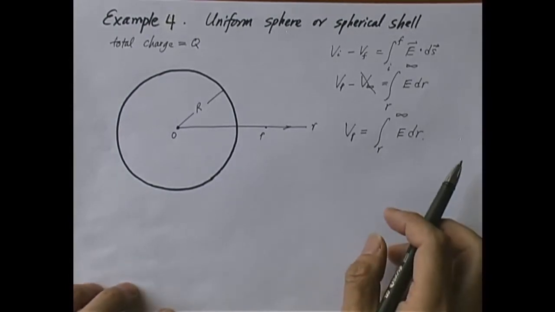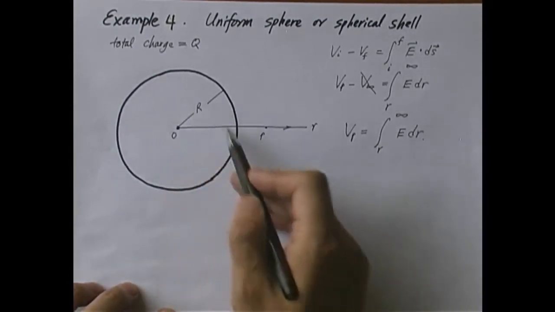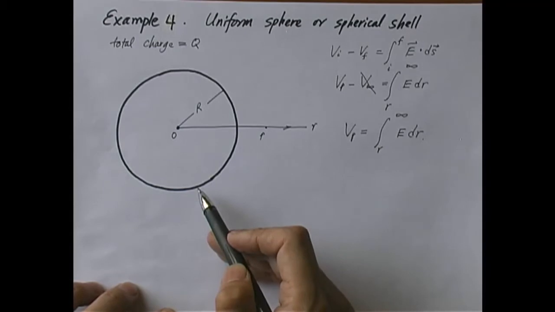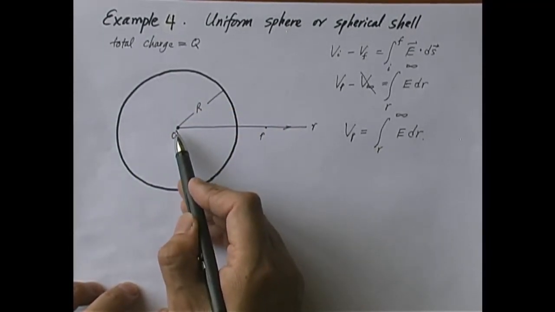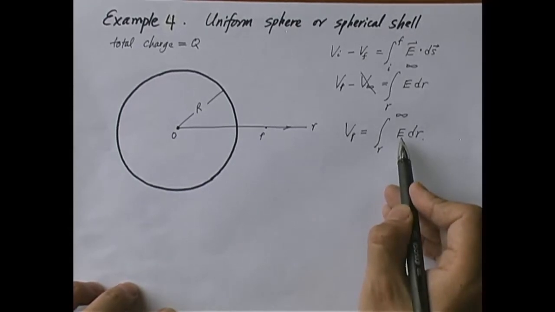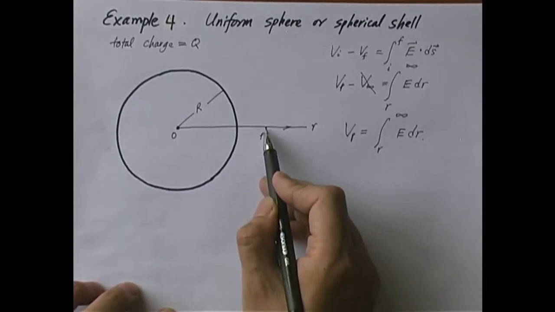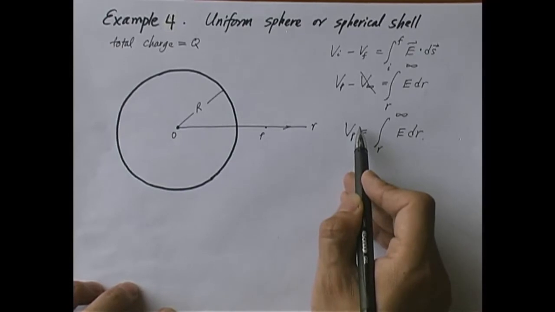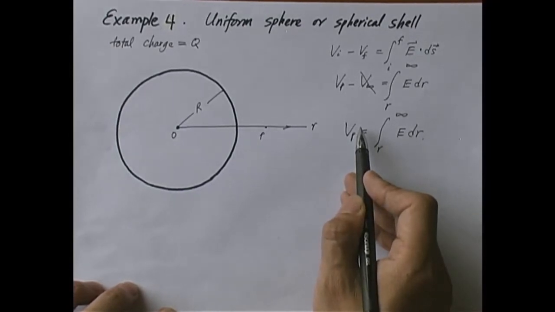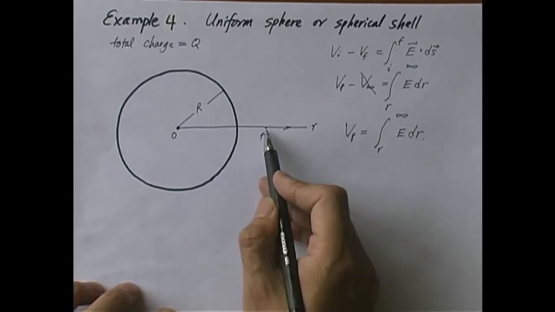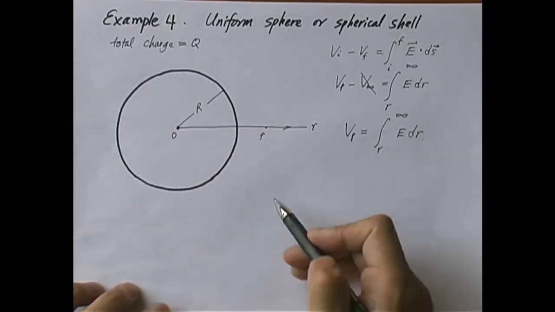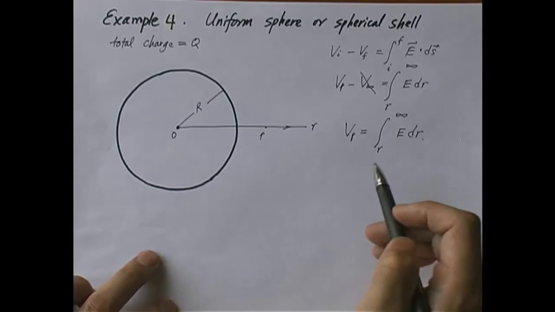Because in both cases, the electrostatic field outside the sphere is the same as if all the charges are concentrated at the center. So E would have the same exact expression from that point P outside the sphere all the way to infinity. In other words, you cannot tell the difference just by looking at the electrostatic potential outside. You cannot tell whether it's a solid or an empty shell.